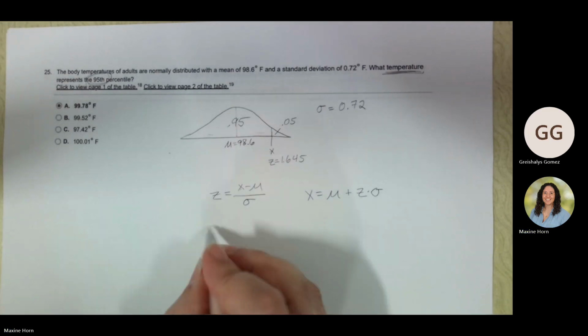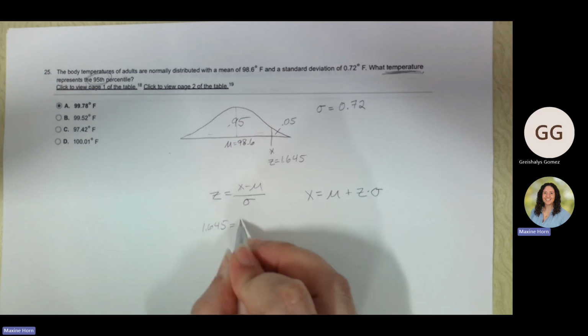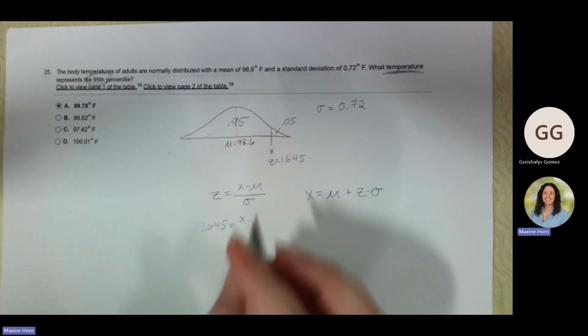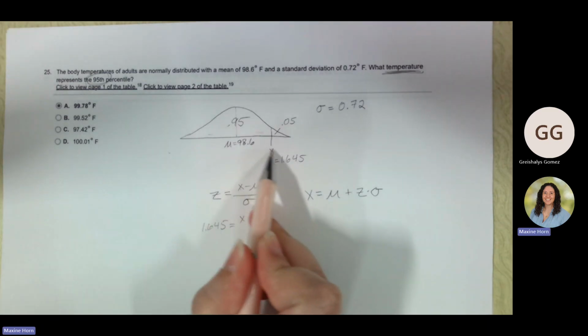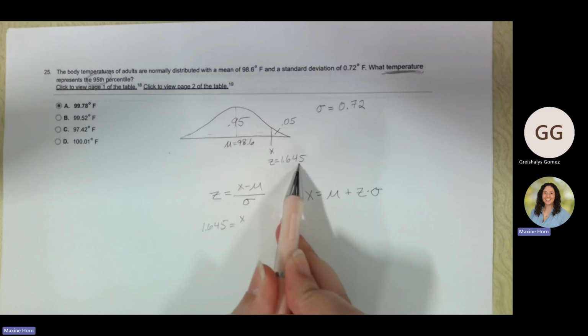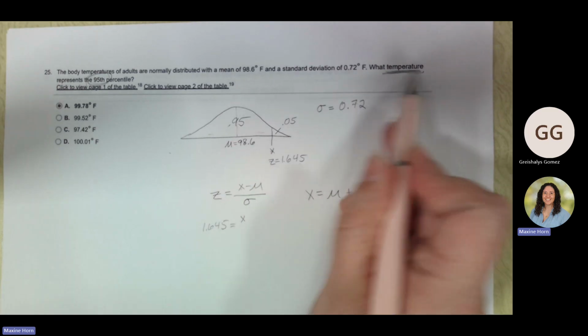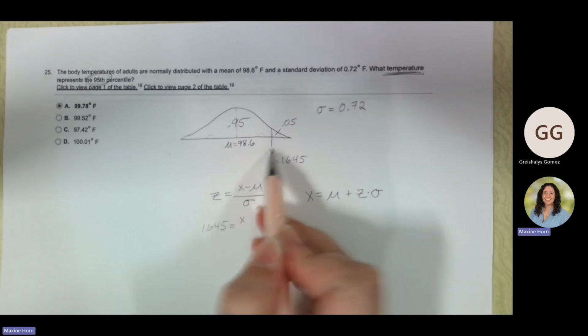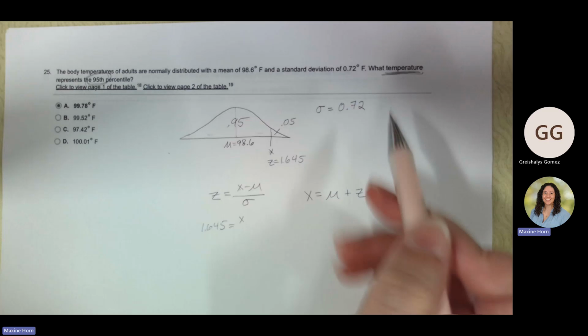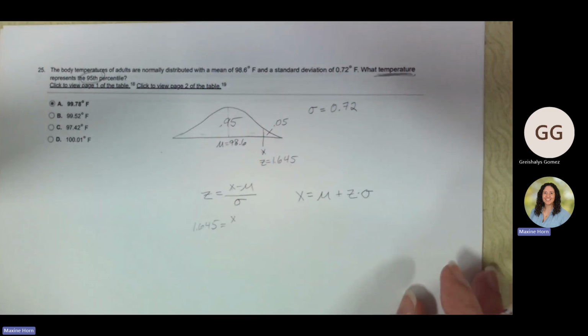So I have a z-score. It's 1.645. I don't have an x value. Remember, your x value is like your real world number. Your z-score is how many standard deviations from the mean that real world value is. The real world value is the temperature. Your x is your temperature or your age or your IQ or whatever the particular situation is calling for.